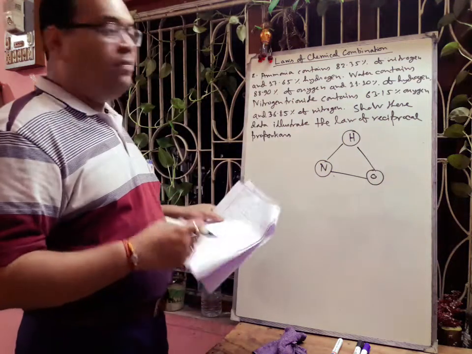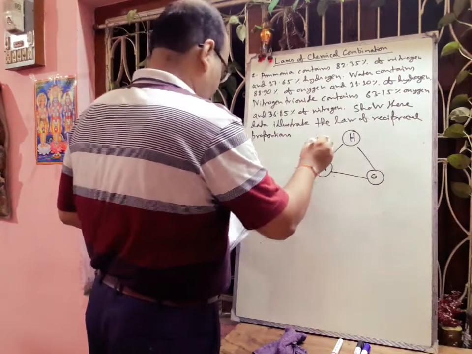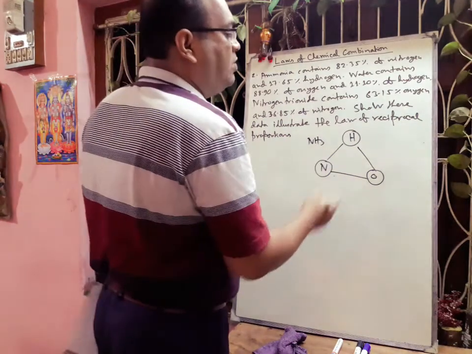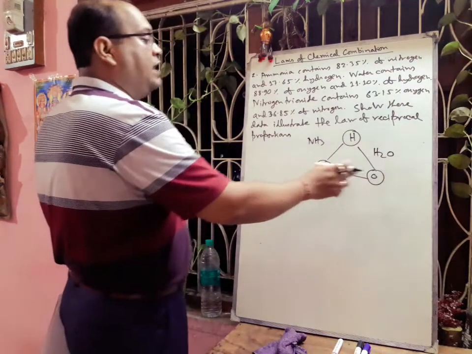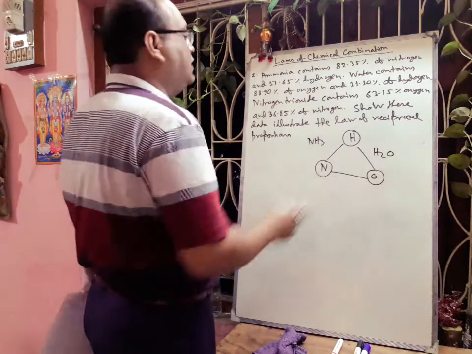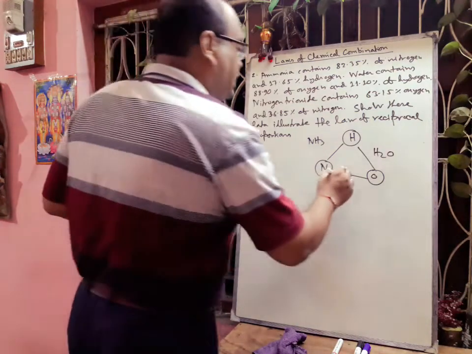When nitrogen is combining with hydrogen, it is forming ammonia, and when hydrogen is combining with oxygen, forming H2O, and nitrogen and oxygen combining with each other, forming nitrogen trioxide, N2O3.